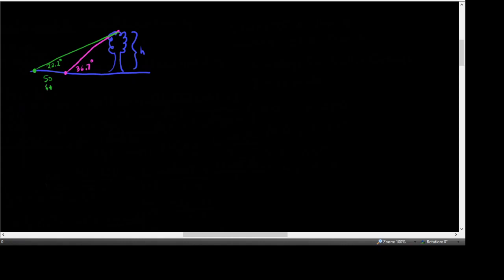So we've drawn a pretty good picture of this, and we're supposed to find the height of the tree. We're supposed to find h. All right, so they didn't tell us how far from the tree to the first place was. So since that's an unknown, I'm going to call that distance x.